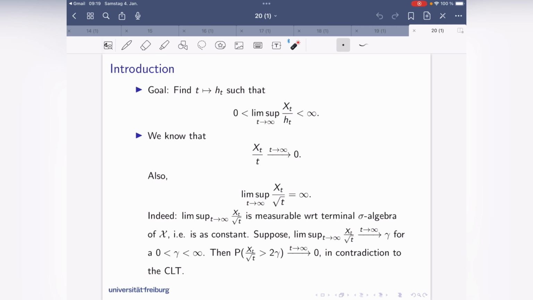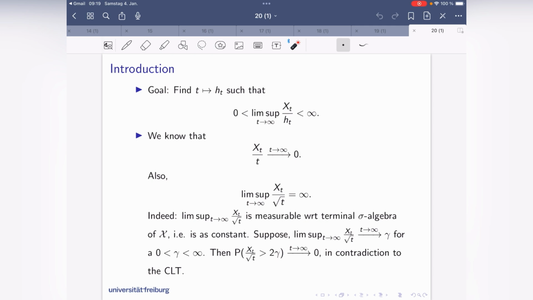Why is that? Assume X_t divided by the square root of t goes to some gamma, which is finite. Then we have to conclude that the probability that X_t divided by the square root of t is bigger than 2 gamma must be 0, because the lim sup is going to be gamma, so it almost never is above gamma.